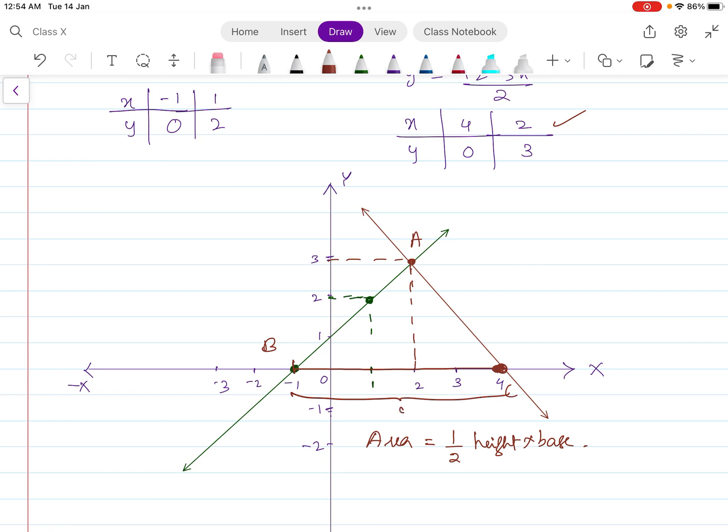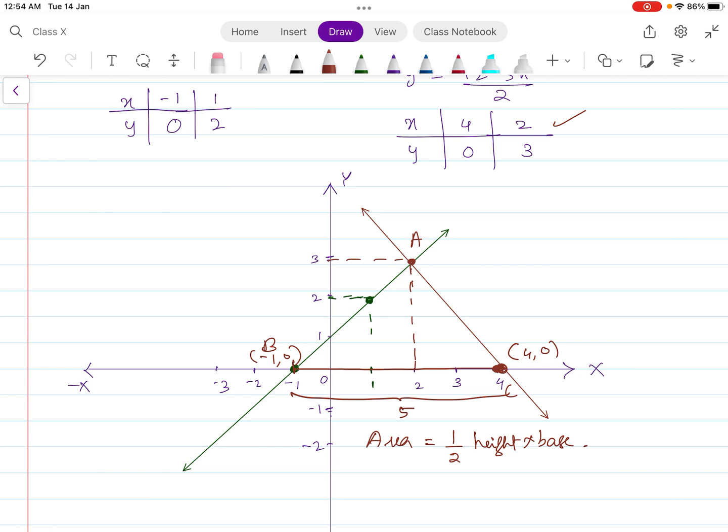So that length is 5 here. Or else, if you directly use the coordinates, then you can find it by using the distance formula if you are unable to find it by this. So you can write the coordinates here: 4 comma 0 and -1 comma 0. By taking the root, 4 plus 1 squared, that is nothing but root of 5 squared, so it will become 5.